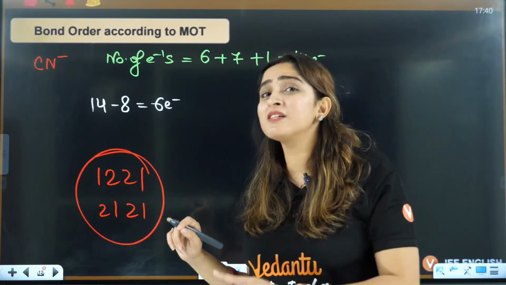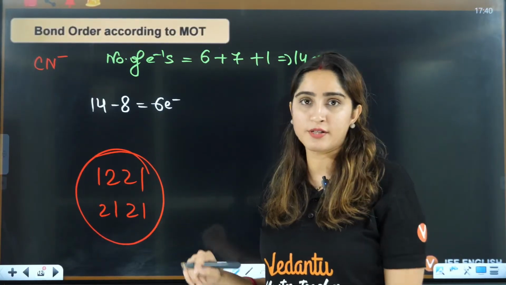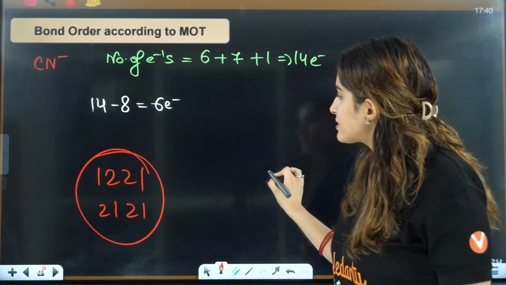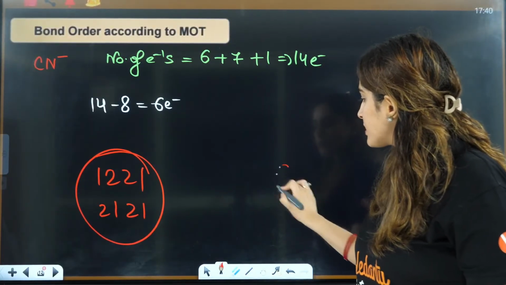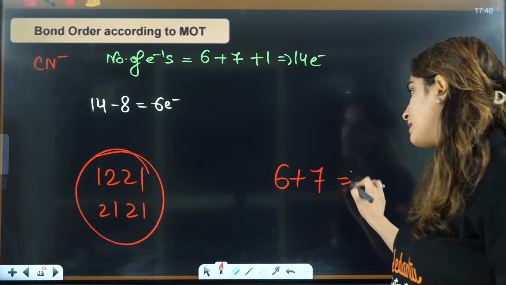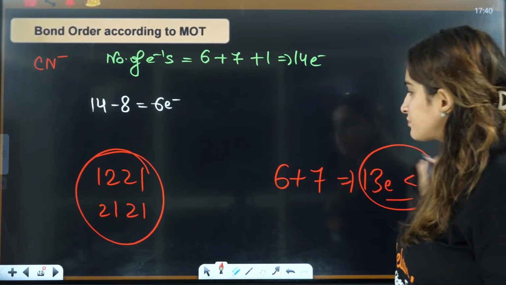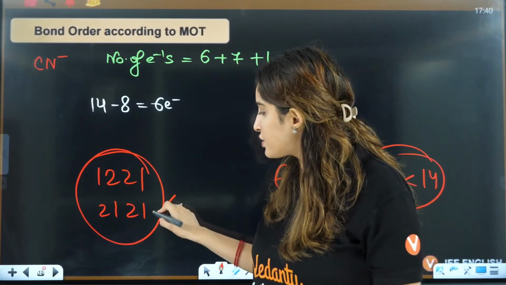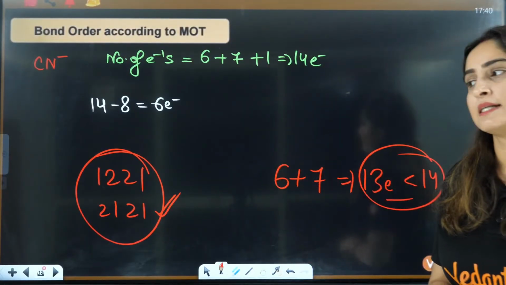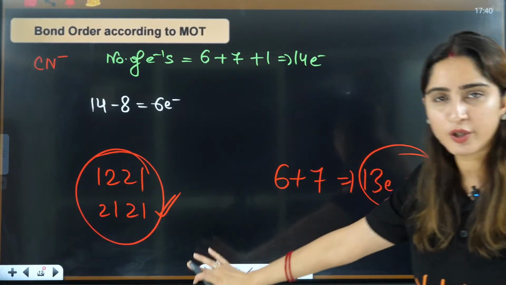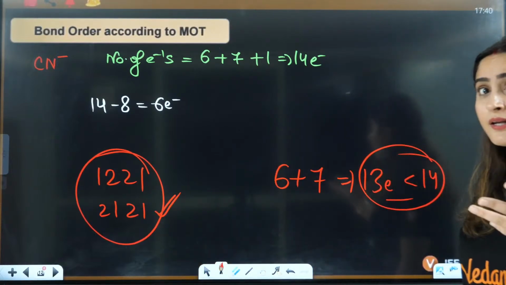In a neutral state, carbon and nitrogen is 6 plus 7, that is 13 electrons, which is definitely less than 14. So less than 14 means you will use 2 1 2 1 here. Even equal to 14 will use the same.